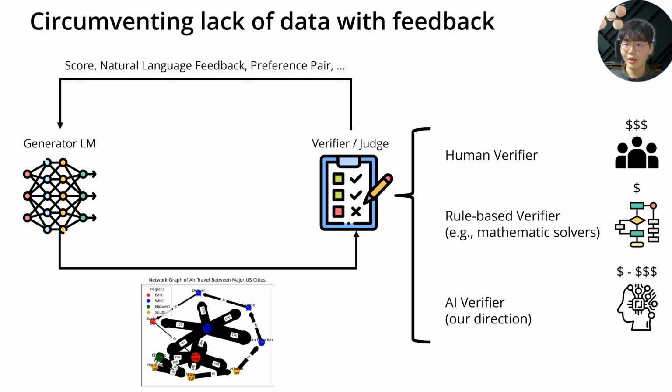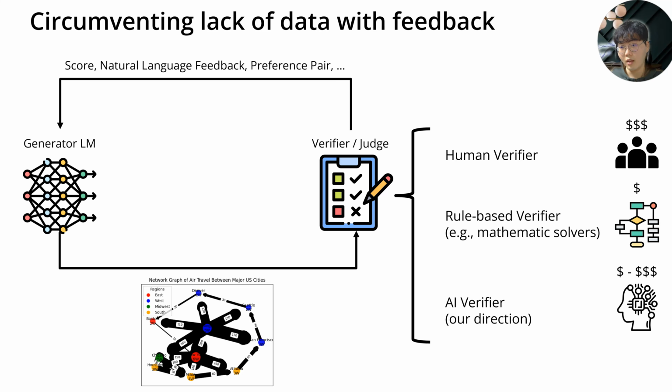However, the scalability of these approaches depends critically on the cost of verification. The most straightforward approach would be using a human verifier, but its high-cost nature leads us to the same scalability problem. Fortunately, for domains like mathematics, cheap rule-based verifiers are available, but this is not the case for chart generation.